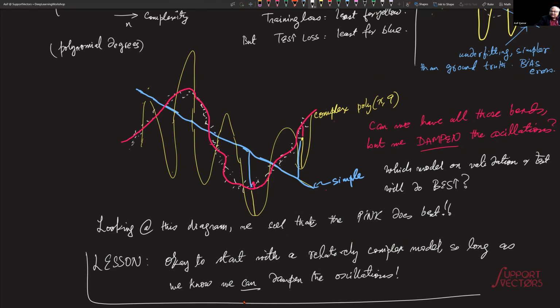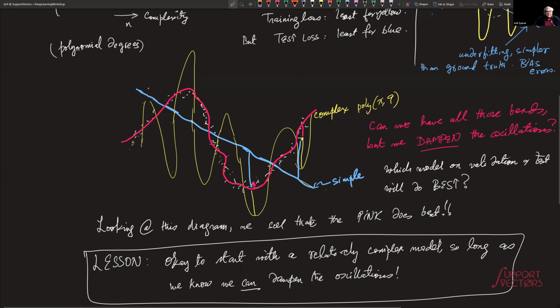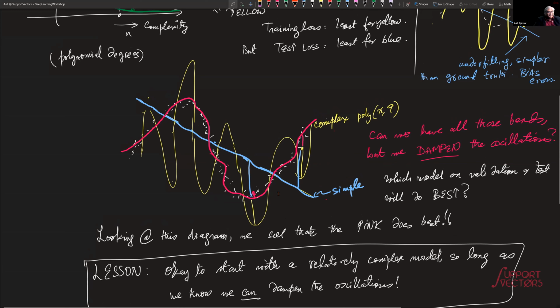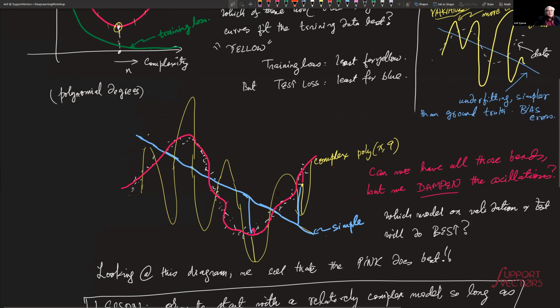That's the lesson we learn from this particular example. Now, I want you guys to think a little bit and make sure that we got this point. This is an important point, guys. Any questions before I continue?